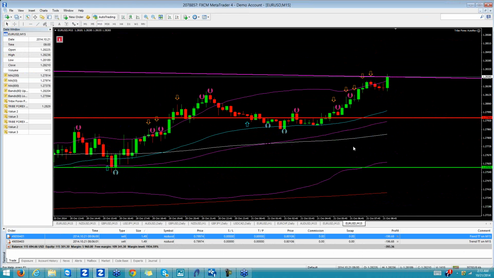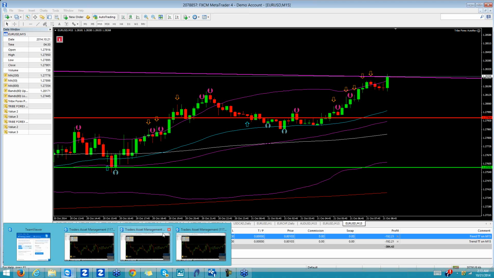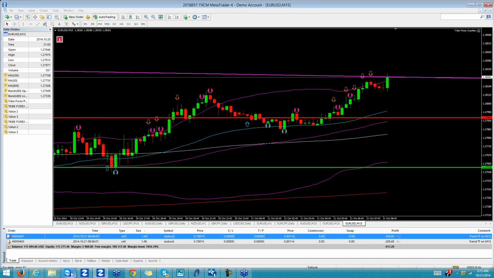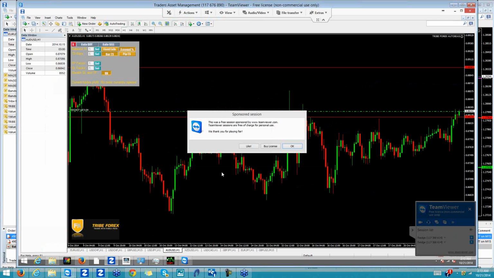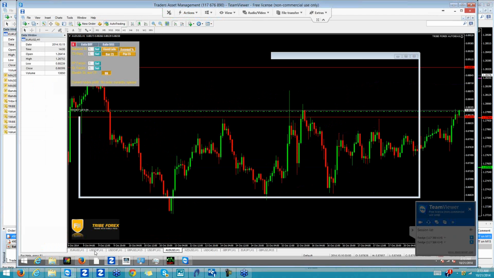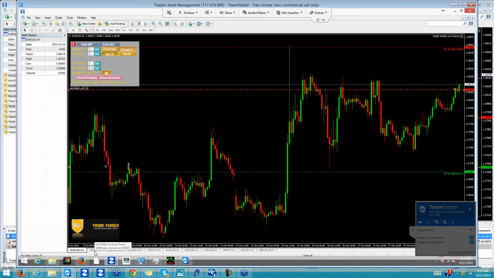Looks like it just made a push for the upside there. You can see that we're not even negative on our other calls here. All right, so we're not even close to our stop losses here.